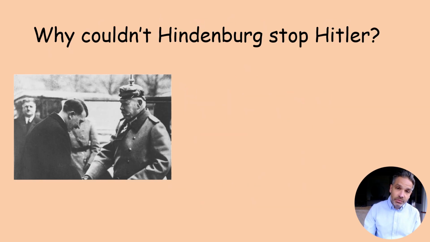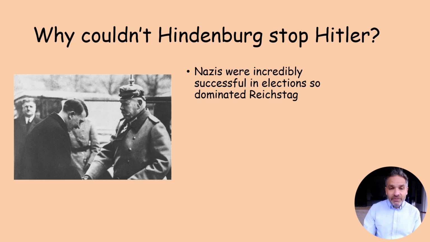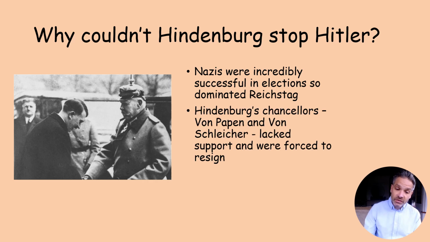Now, Hindenburg, who is the president, does not like Hitler, feels he's not even German, and he's a sort of corporal, and he cannot believe that he's risen this far, this fast. However, because the Nazi Party have such electoral success in 1930 and 1932 and then in 1933, it's really difficult for Hindenburg under the Constitution not to appoint Hitler as Chancellor.